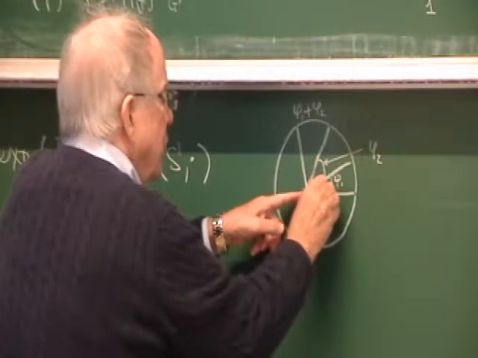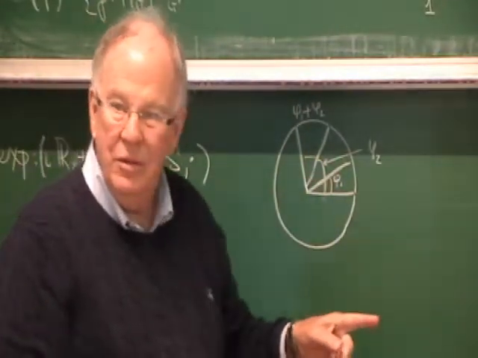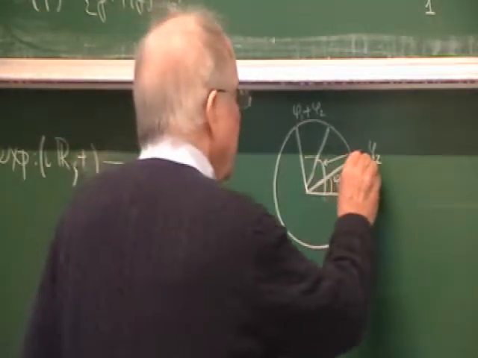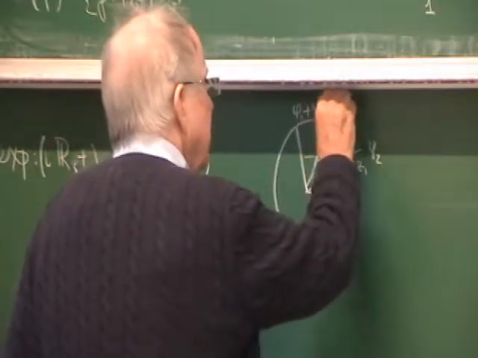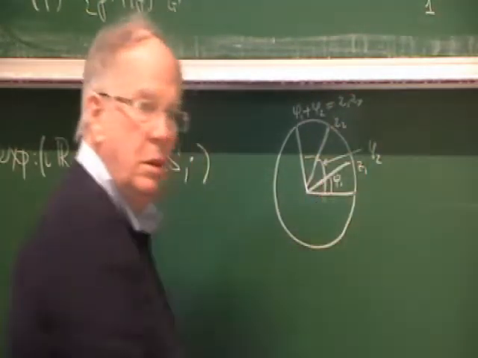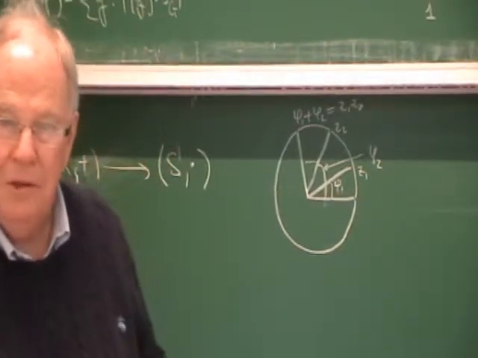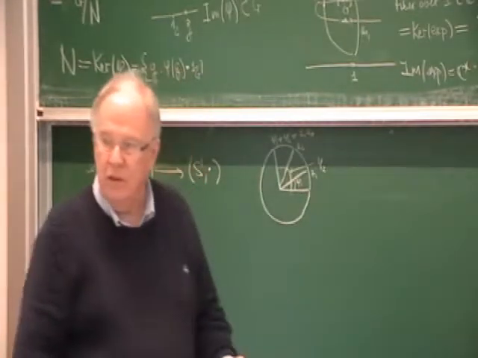You ask your high school teacher to add 2 angles, and he or she will do that, right? That's not what you're doing. You're calling this number Z1, and you're calling this number Z2, and this number here is Z1 times Z2. The circle is a group. Addition of angles is multiplication on the circle. You've made something precise instead of something vague.